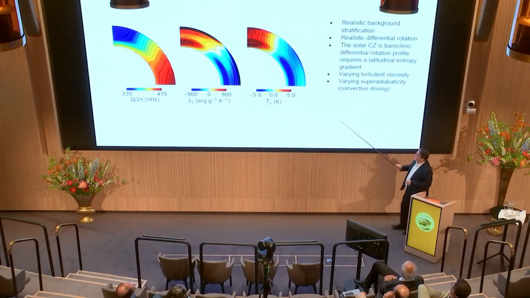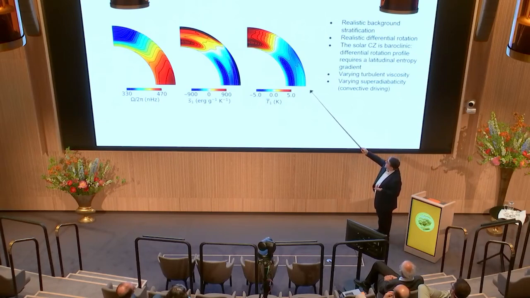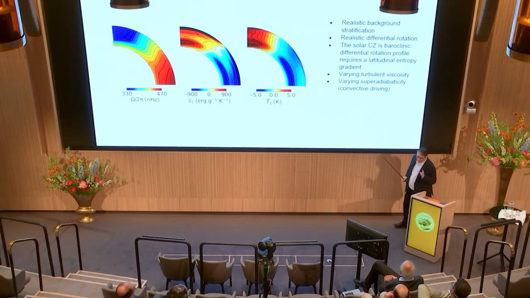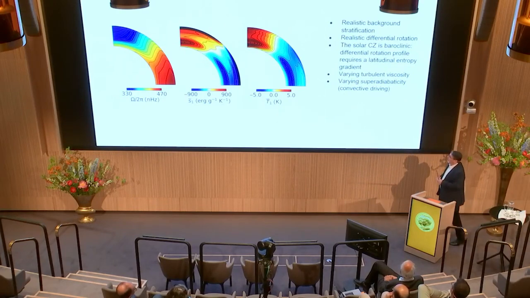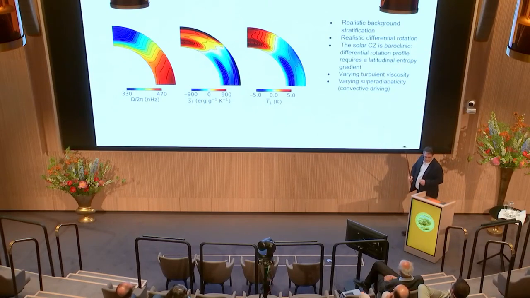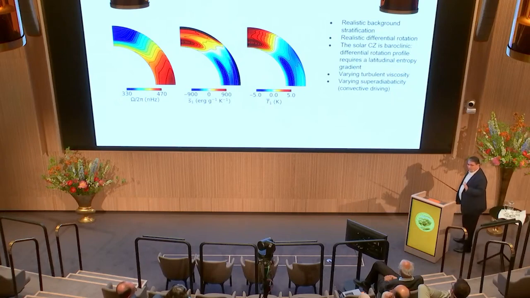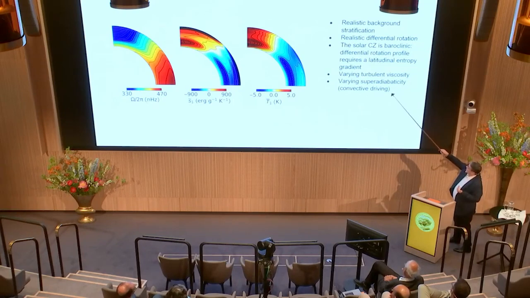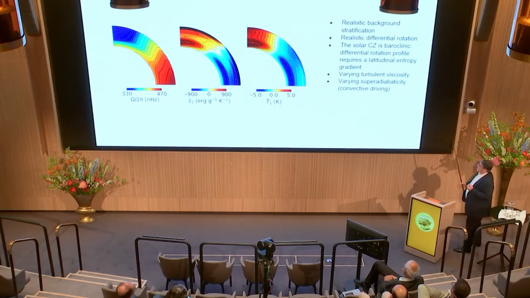And in terms of temperature, this means that there is a maximum temperature difference between the pole and the equator of about, well, between 7 and 10 degrees, with the poles being hotter. So this has to be included in the background model in order to compute the proper eigenfrequencies and eigenfunctions. And in addition, the answer depends on the value of the turbulent viscosity in the model and the superadiabaticity, which are two quantities that are not very well known, but are very interesting for other problems.